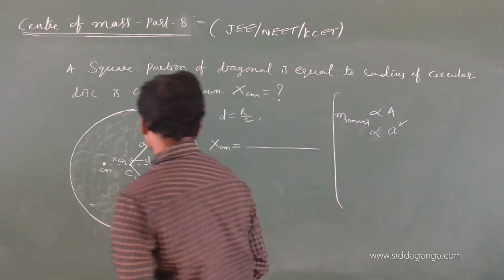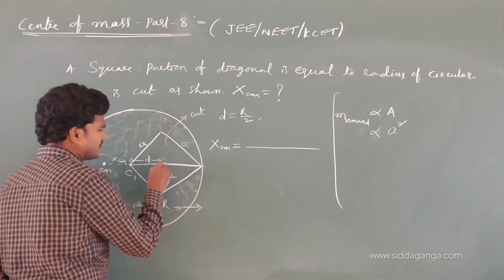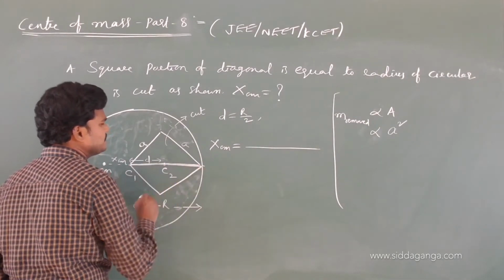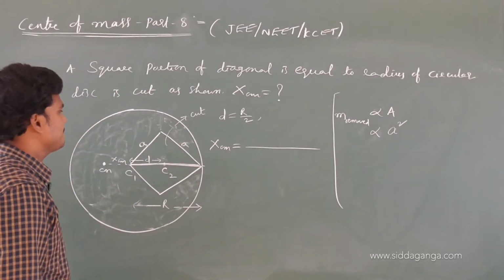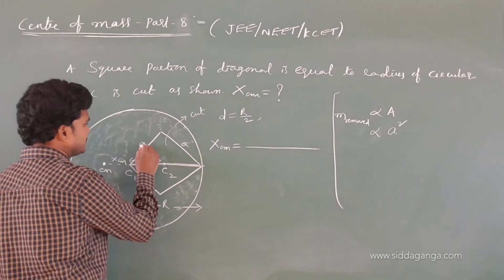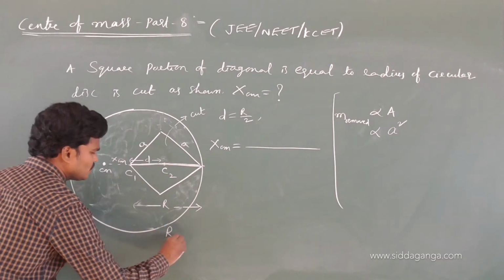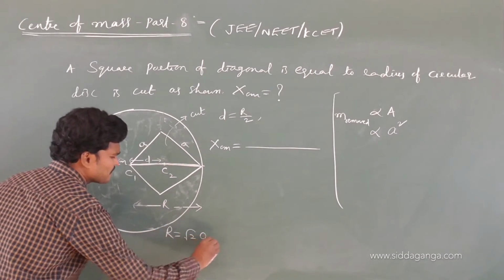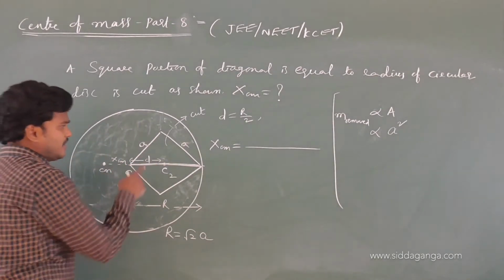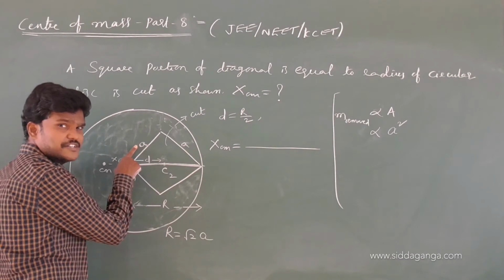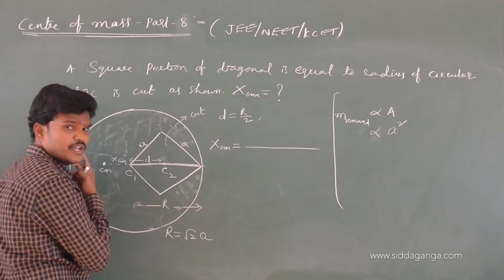And see, this is capital R, the diagonal. Side is A. If this is A and this is R, shall I write from this diagram? R is equal to root 2 A. Diagonal is capital R, and if the side is A, the diagonal of the square is root 2 A. So, R equals root 2 A. So, what is A?